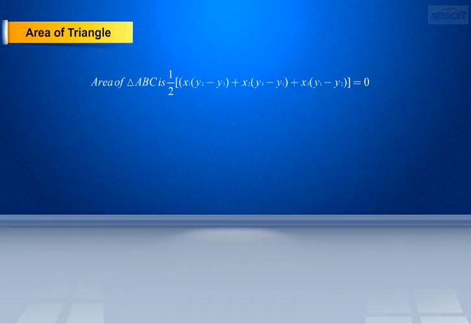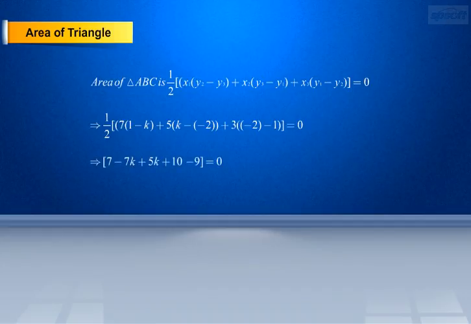On substituting the values, we have 1 divided by 2 into [7 into (1 minus K) plus 5 into (K minus -2) plus 3 into (-2 minus 1)] equals 0.